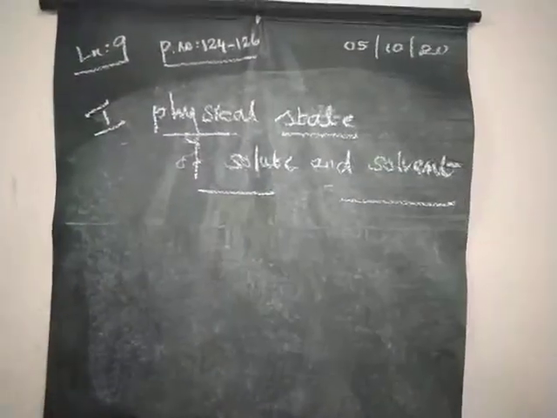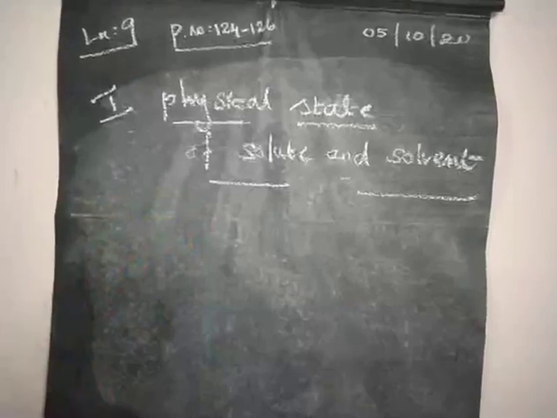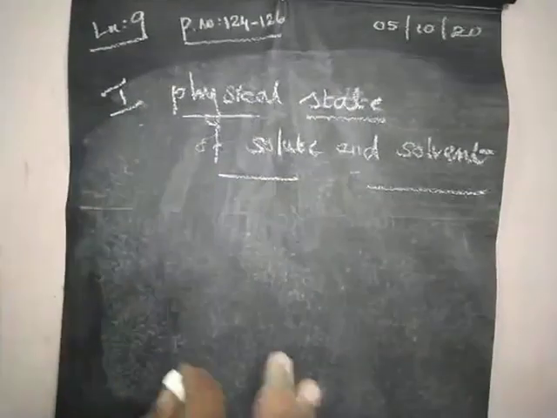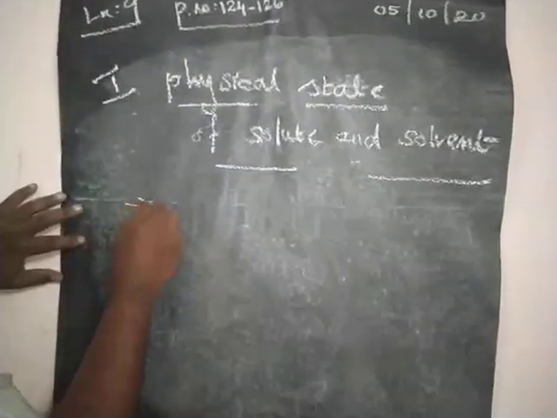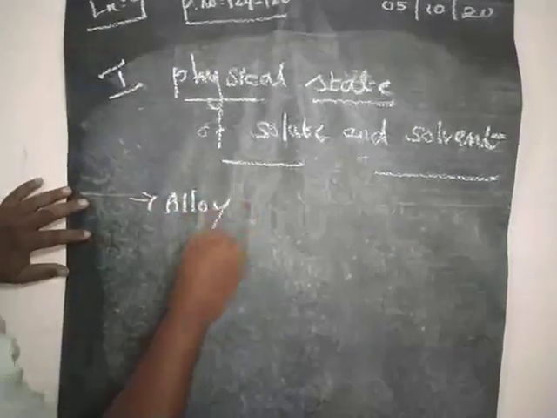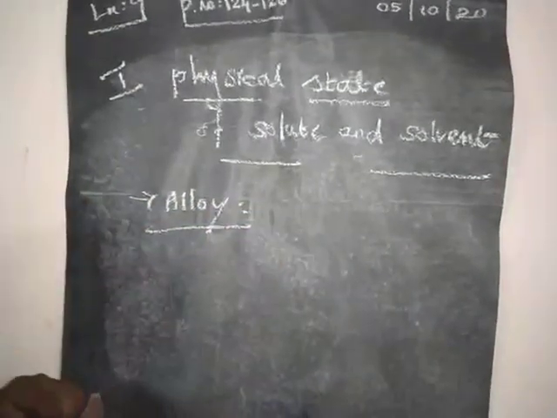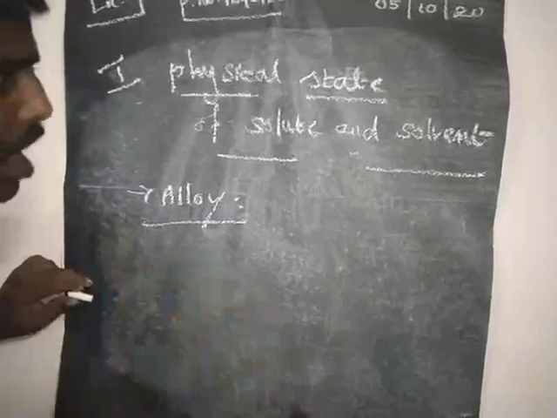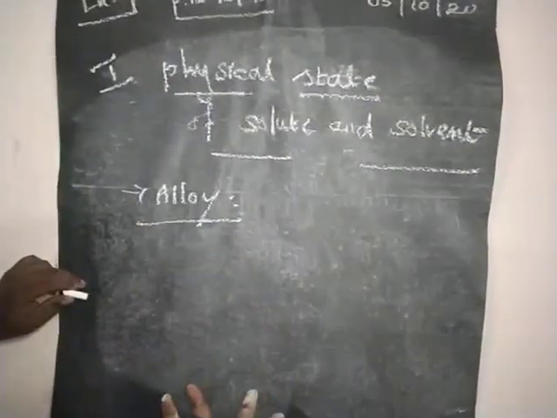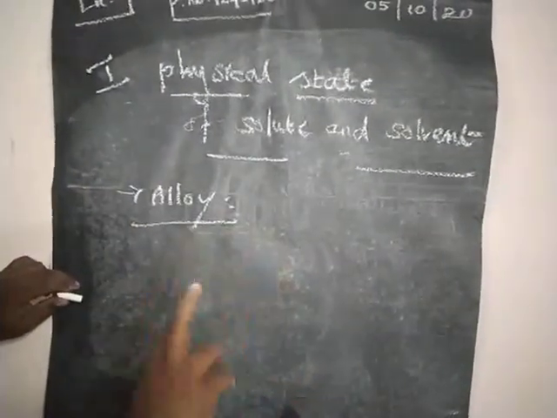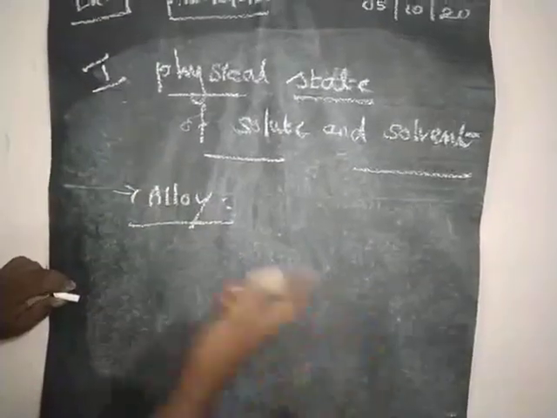So if you are taking the solute in solid medium, the solvent is also in which medium? Solid medium. For example, alloy. So alloy is nothing but what? It is the homogeneous mixture of more than two metals, or sometimes metals mixed with non-metals.